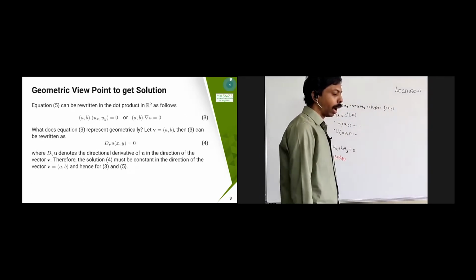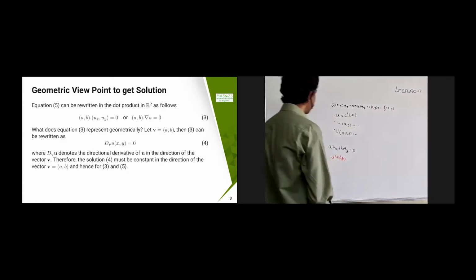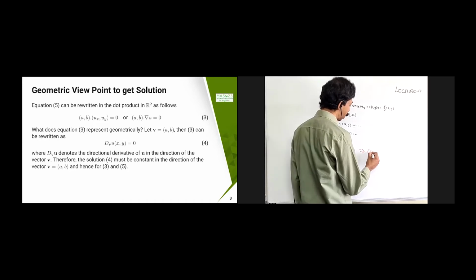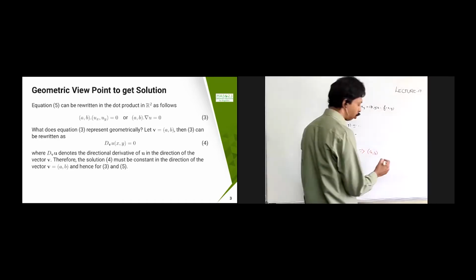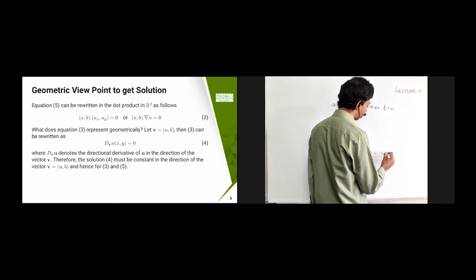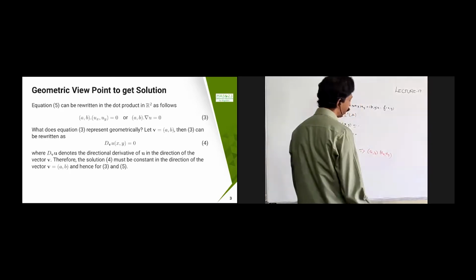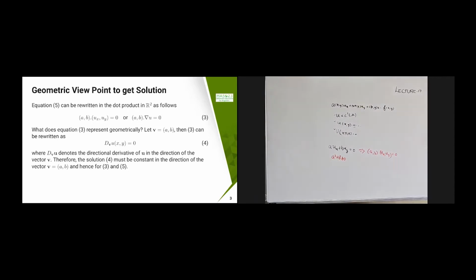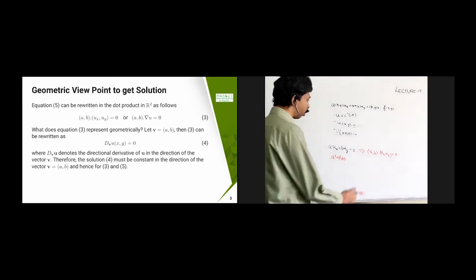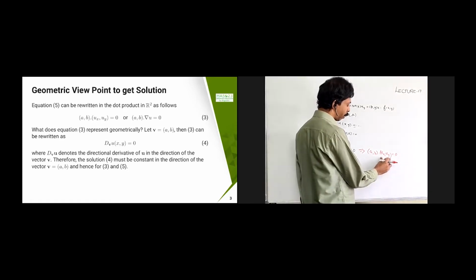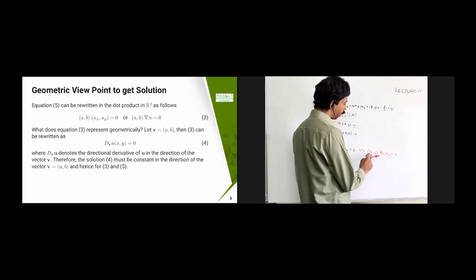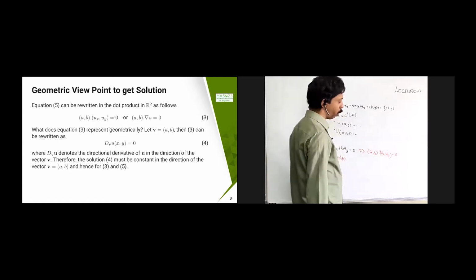Now, how do we obtain the solution for this problem? The same problem I can translate this way: (a, b) dot (u_x, u_y) equal to 0. Let us have a geometric view of this. (a, b) is a vector, and (u_x, u_y) is another vector, and if I take the dot product, it becomes 0. That means (a, b) is perpendicular to (u_x, u_y).